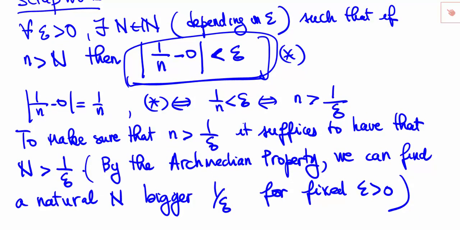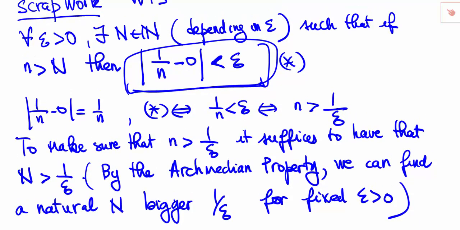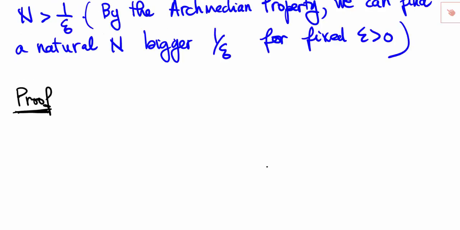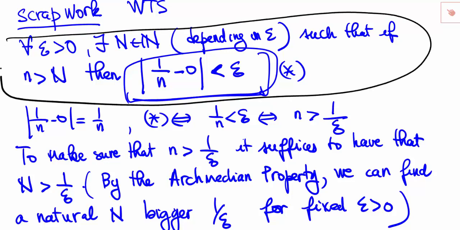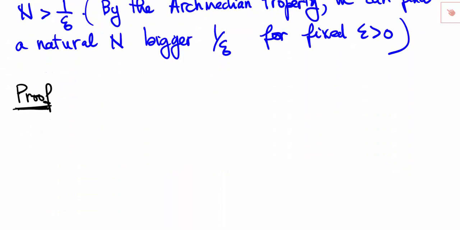All right, so this is the scrap work. Again, this is not a proof at all, but at this point my thoughts are organized, and then I can begin writing the formal proof. To write the formal proof, let me switch back into the black color. So here is my proof. Let me go back again to what I want to show. I want to show all of this implication here. So I'll start by fixing some epsilon. Let epsilon be a positive real number.